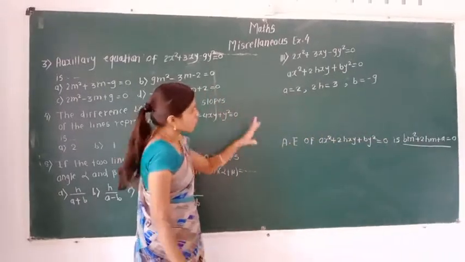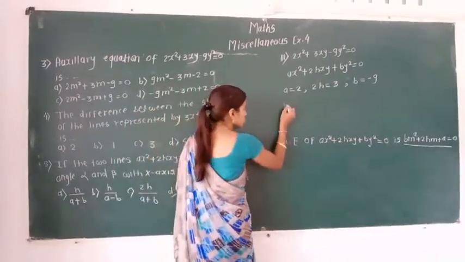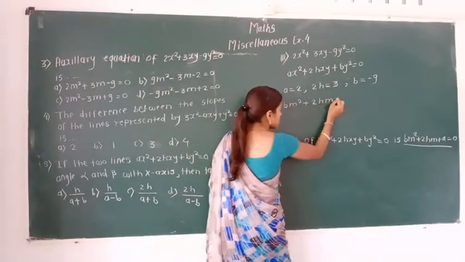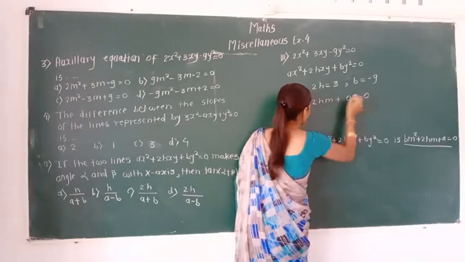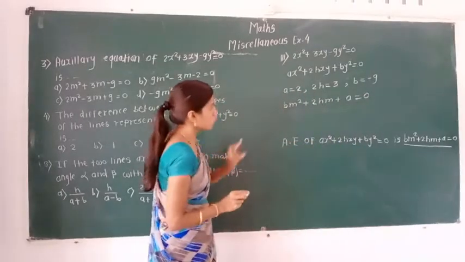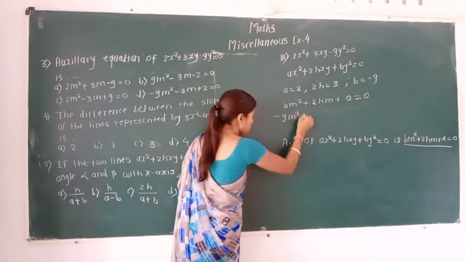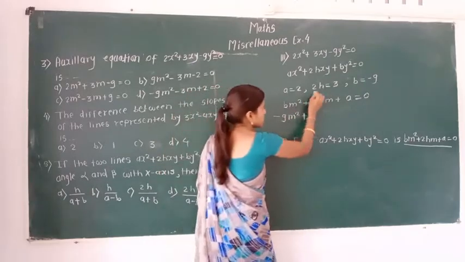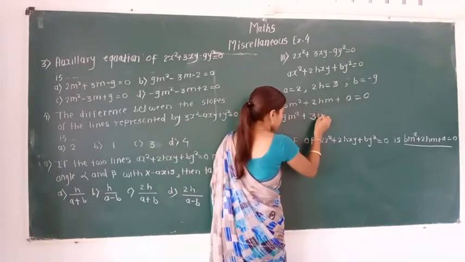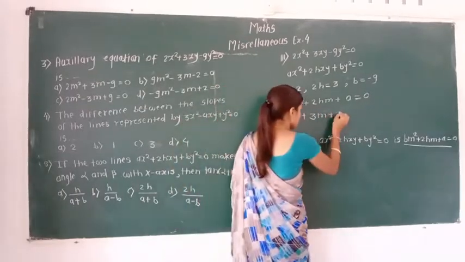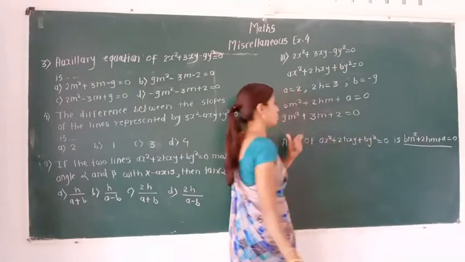The auxiliary equation is bm square plus 2hm plus a is equal to 0. Now the value of b is -9, so -9m square plus 2h is 3m plus the value of a is 2. And this is the auxiliary equation.